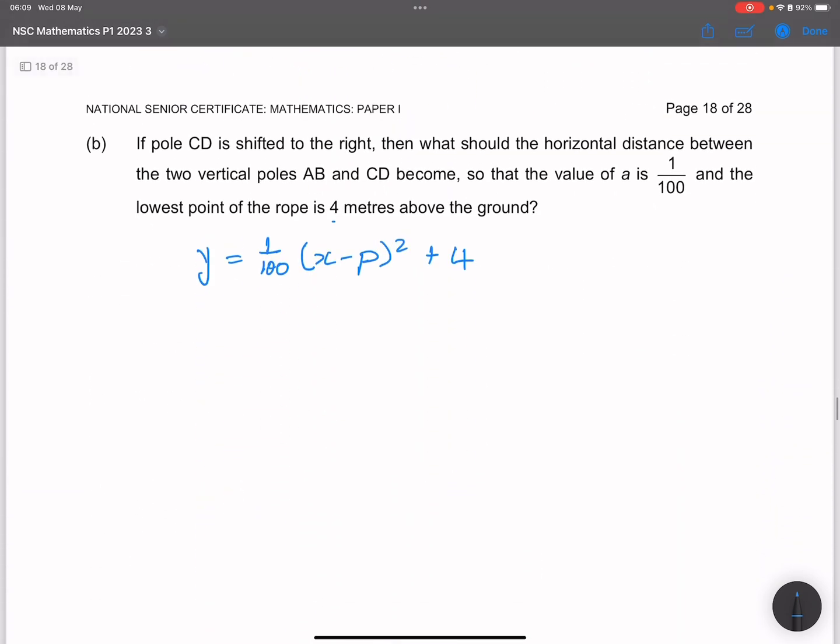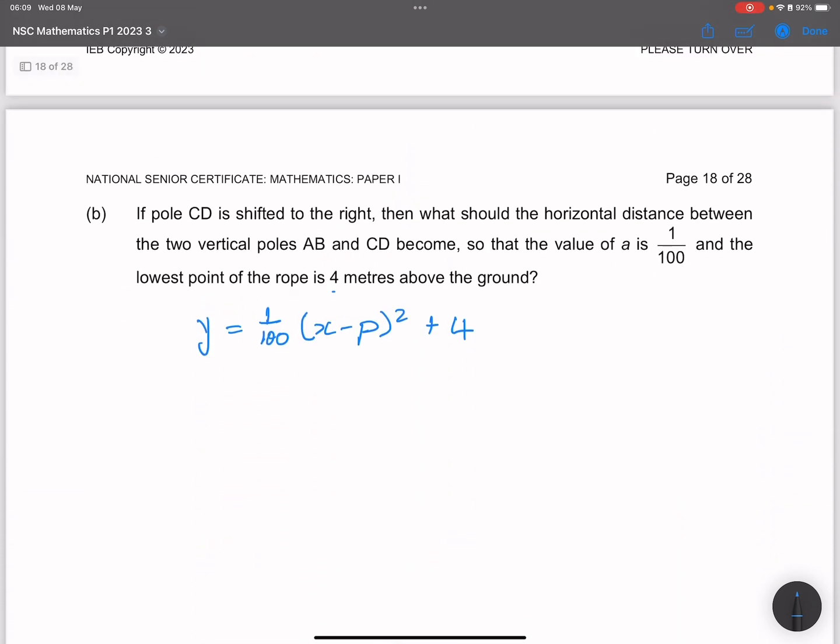So I'm going to say I know that when y is 5, we have 1 over 100 times (x minus p) squared, where the x value is negative 5 as well. So that's (negative 5 minus p) squared plus 4. Let's try and find out what the p value is. So that would be 5 minus 4, that will give us 1.